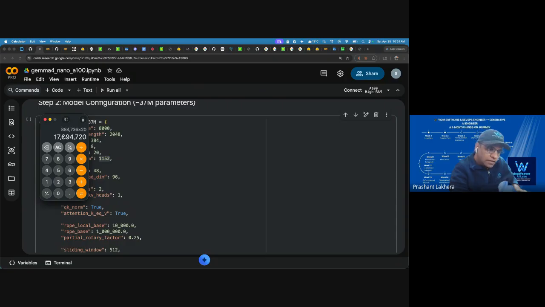So out of this 35 million parameter model, 17 million parameter is only present on the feed forward layer. So it's almost close to half of the model parameter. This is the layer which is occupying the most number of parameters. Please remember that, because this is one of the most popular interview questions, which layer occupied the most number of parameters? And the answer is feed forward layer.